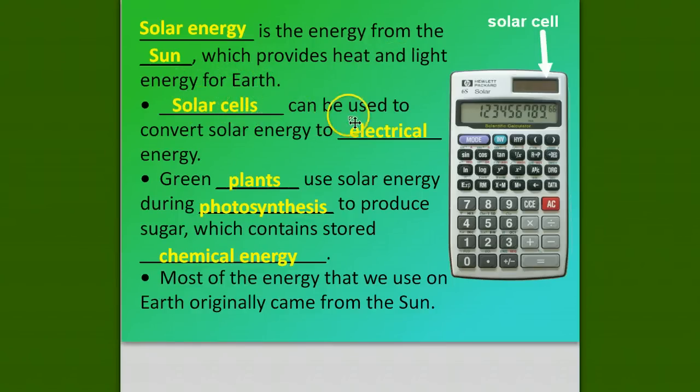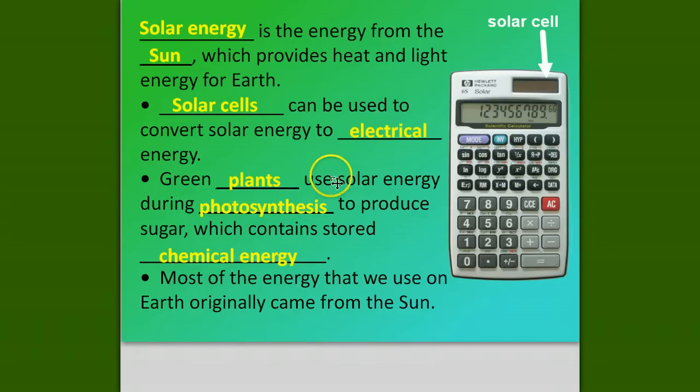Solar cells can be used to convert solar energy to electrical energy. Here's a solar cell in a calculator. That's what that is right there. We love solar calculators. I can remember when I was a little girl and they first came out. I told you I was old.